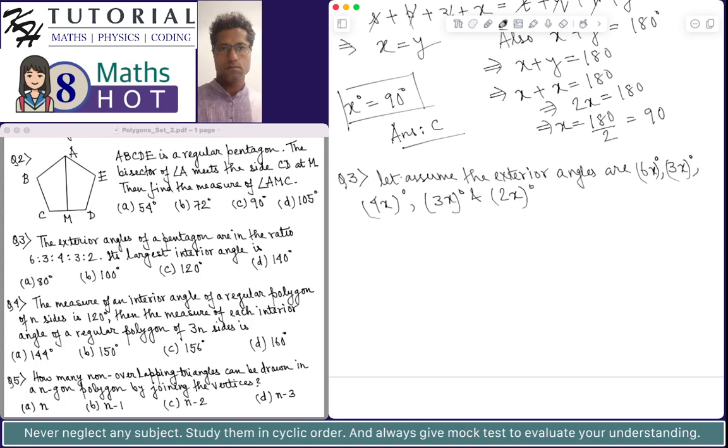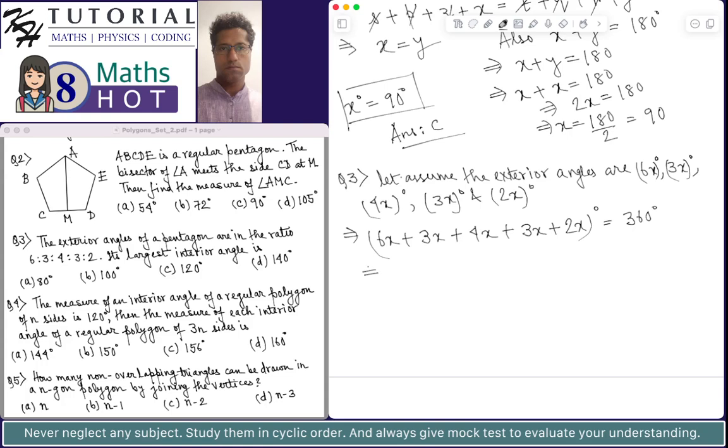Now we know that the sum of the exterior angles of any polygon of any number of sides is always 360 degree. So we must have 6x plus 3x plus 4x plus 3x plus 2x degree equal to 360 degree.